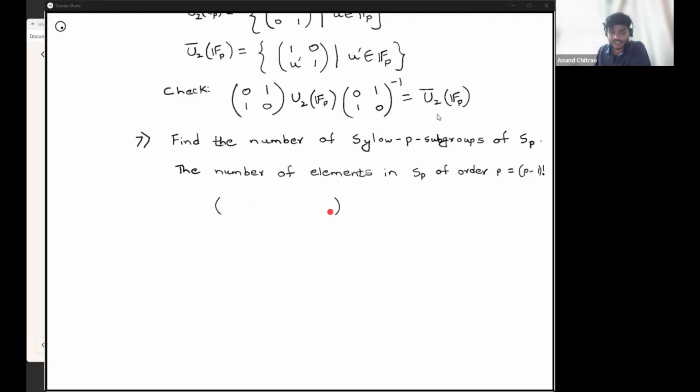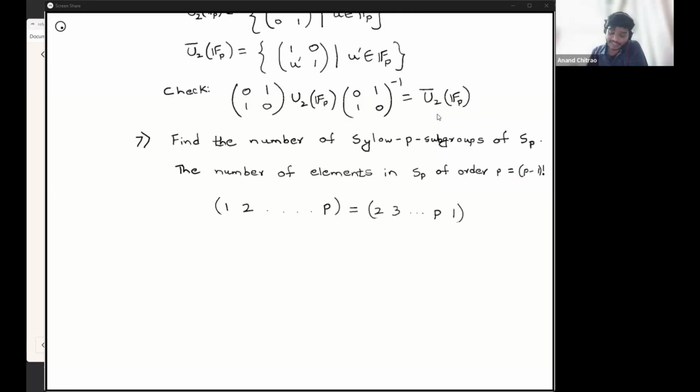The last entry will have a single choice. So there are p factorial ways of arranging things here, but then you note that 1, 2, dot dot dot, p is the same as 2, 3, dot dot dot, p, 1. So any cyclic rearrangement of these gives you the same permutation. That's why this problem is analogous to that basic stats problem, and the answer from there is (p minus 1) factorial.